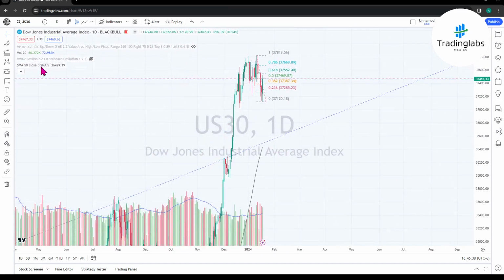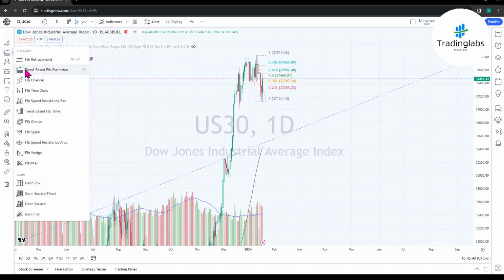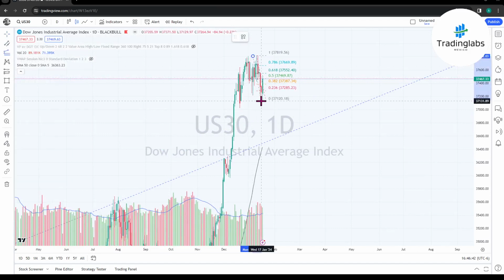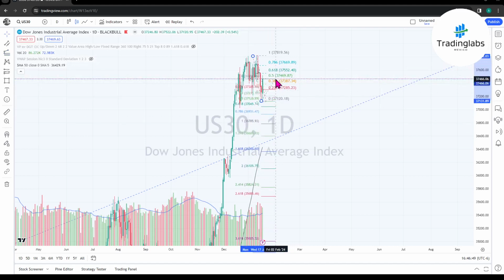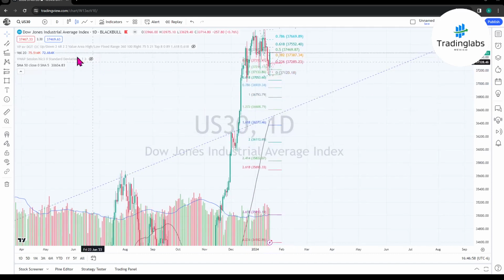Look at this. If it retraces at 0.50, that is reacting right now, then that is 200%. If the 200% is near here, what do we have here? We have a demand zone.